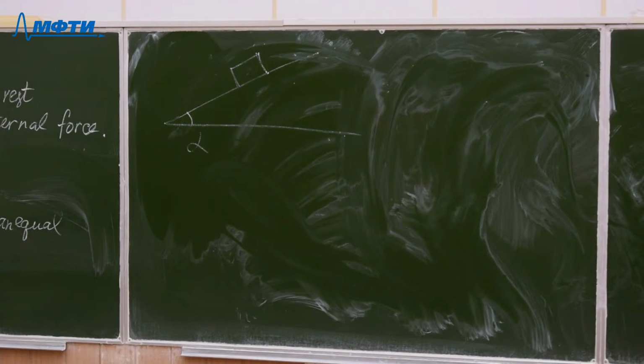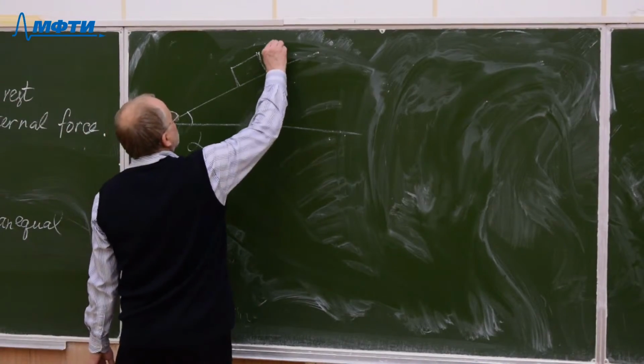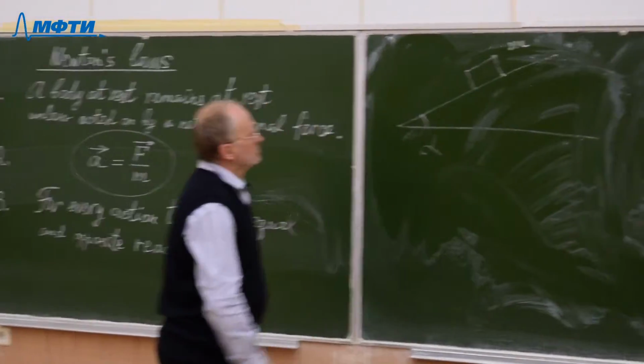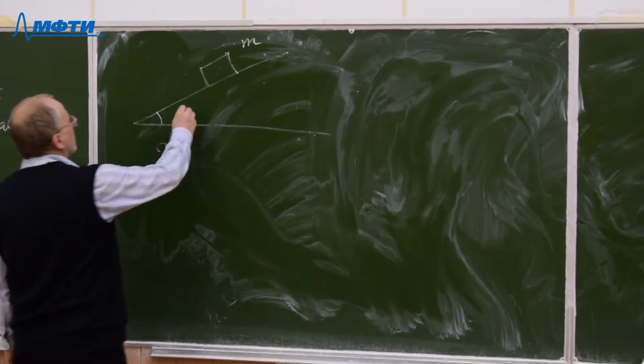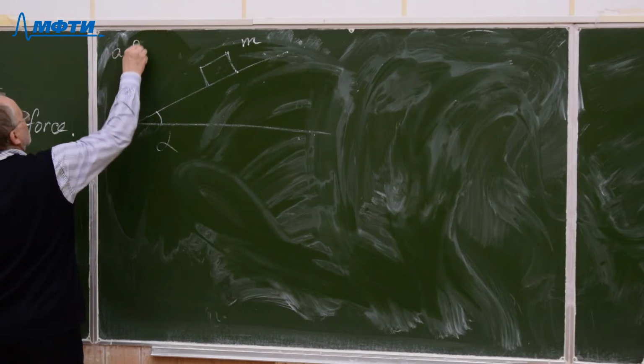It's very important to understand how to apply Newton's second law in this situation. Suppose we know the mass of this body, and we want to calculate the acceleration of the body.